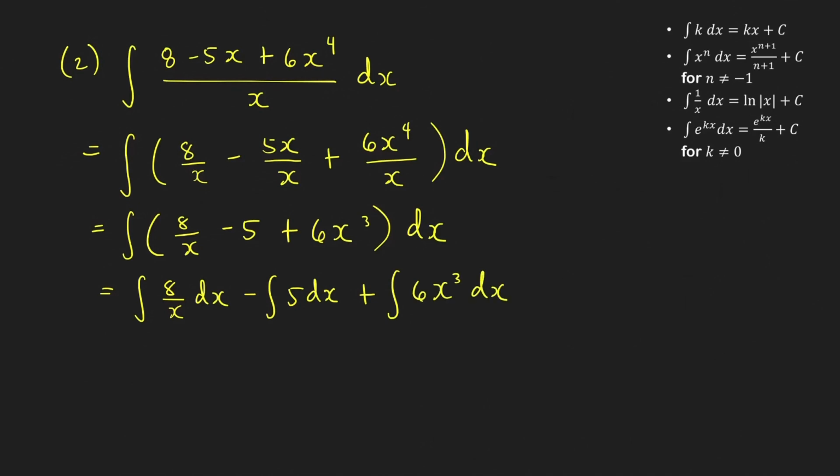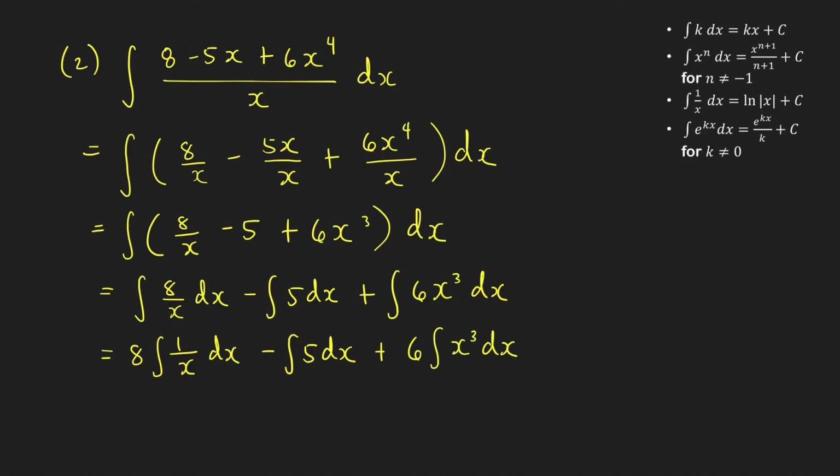And using the first property again, we can move the constant factor to the front of the integral. So we can write this down as 8 integral of 1 over x dx, minus, we can just leave the second integral as is, plus 6 integral of x cubed dx.